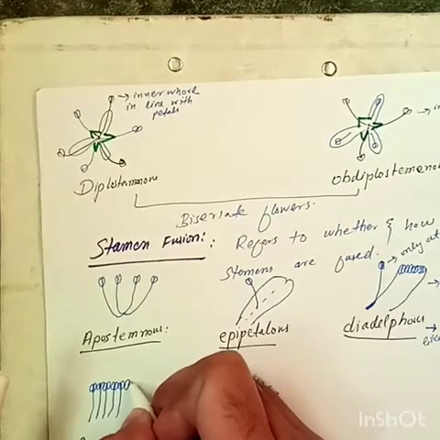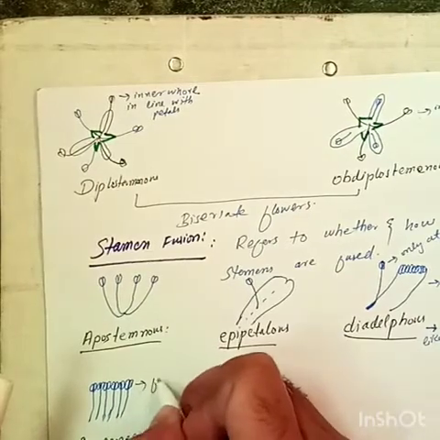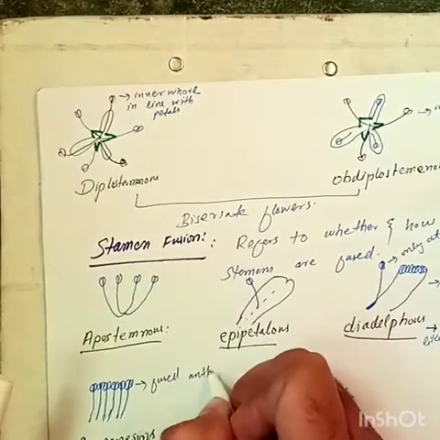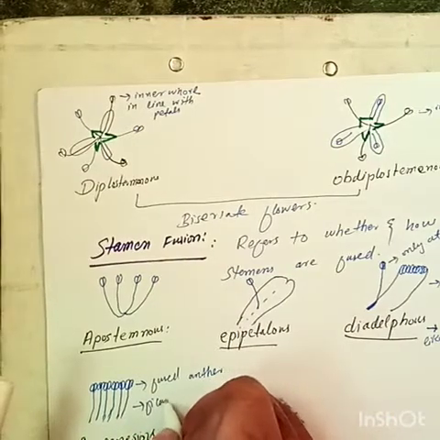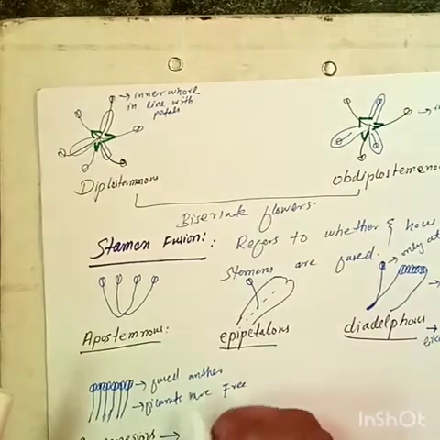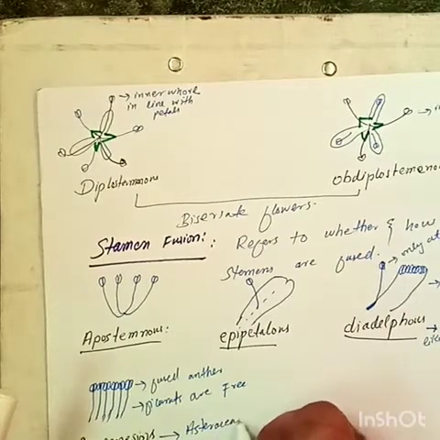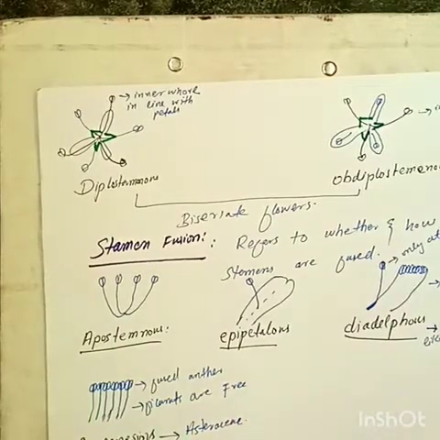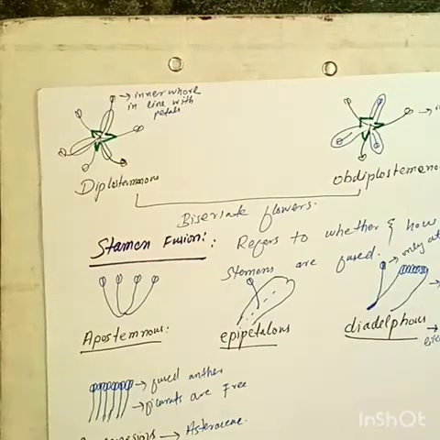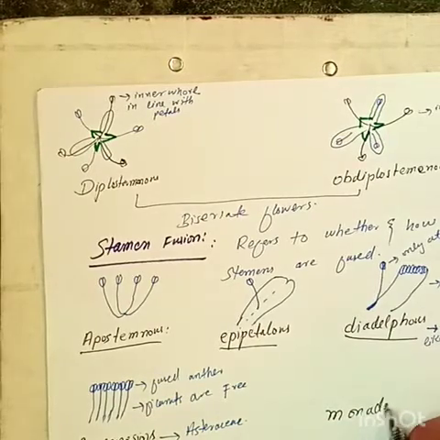You can clearly see these are fused anthers, while the filaments are free. These are found in the family Asteraceae, sunflower family. The other one is monadelphous. This is found in Malvaceae family.